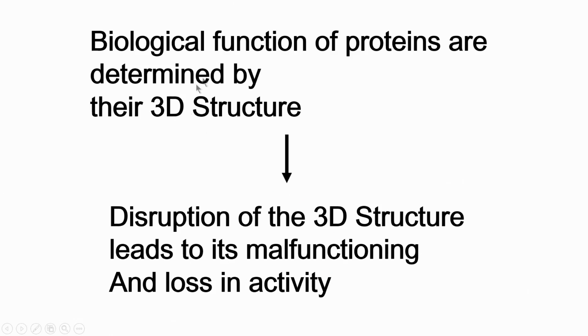So, for example, we know, in a very broad picture, that a biological function, that is what kind of function it has in a cell, depends very much on its 3D structure.